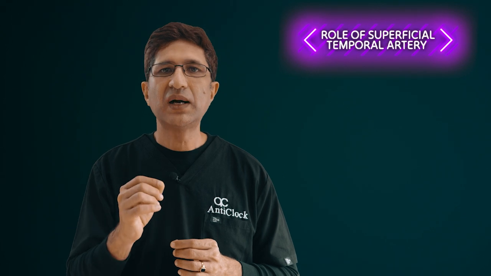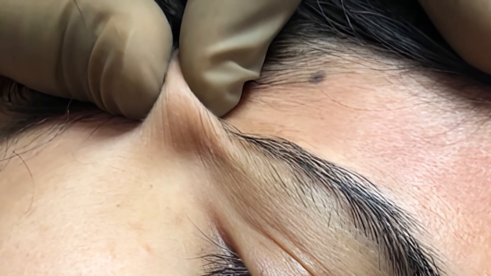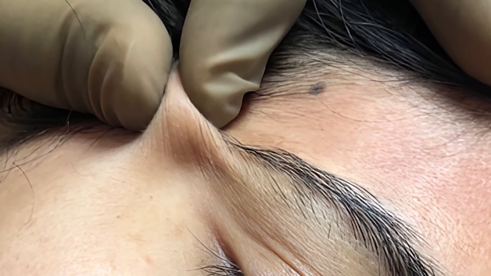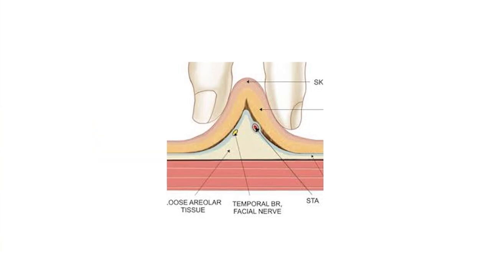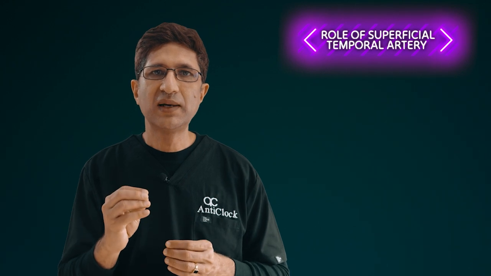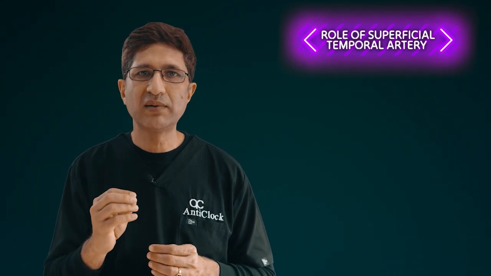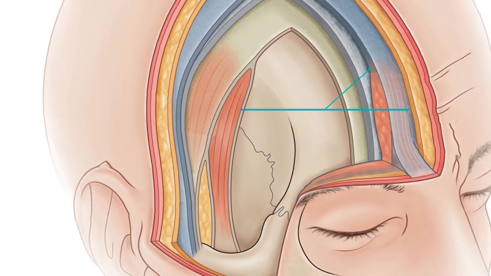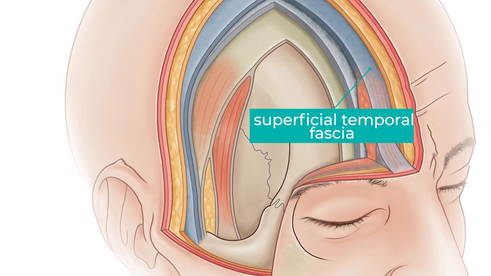However, with a deep pinch, the superficial temporal artery is pulled up with the superficial layers away from its fixed position. This separation allows the injector to place filler in the loose areolar tissue layer between superficial temporal fascia and deep temporal fascia.